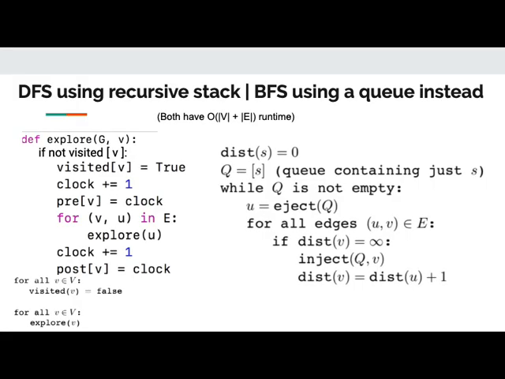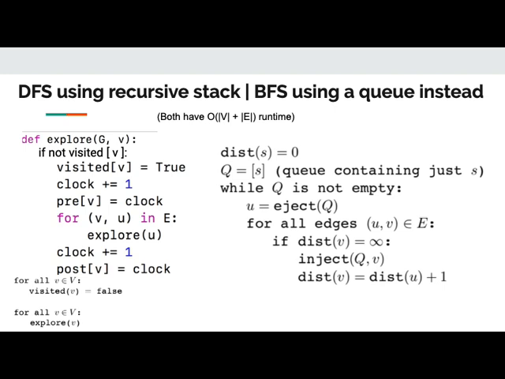The algorithm on the left, the explore algorithm, will give you the pre-order and post-order. This is the explore algorithm for DFS using the recursive stack. For each node that you have not visited, when you first check the node, you increment the clock by 1 and label it with its pre-order, and after you finish exploring it, you increment the clock again and add the post-order.